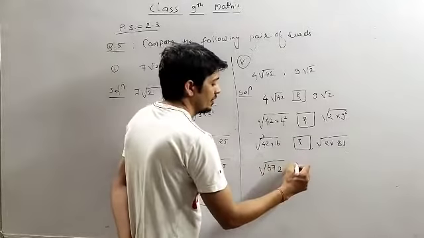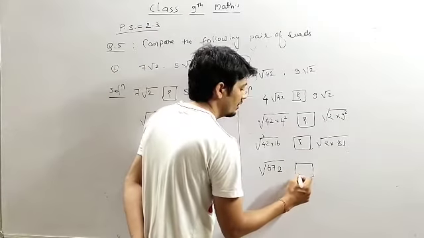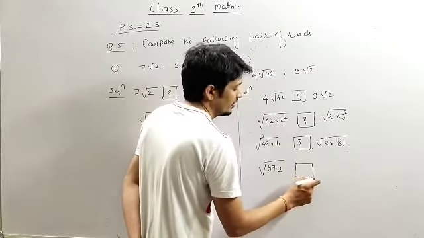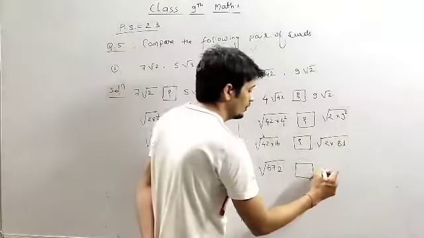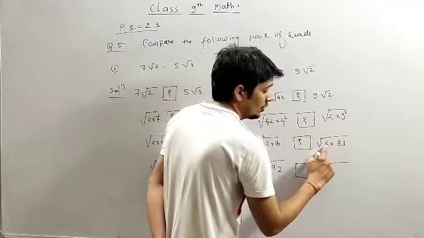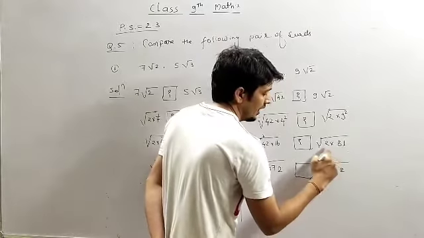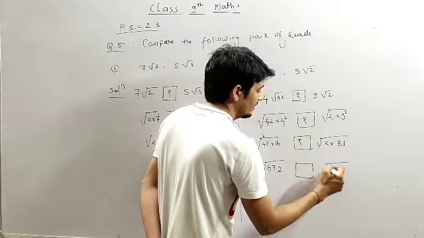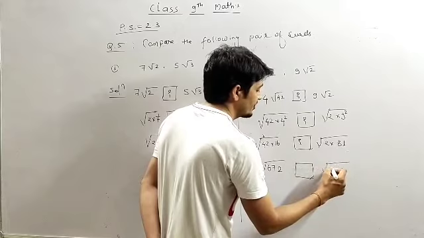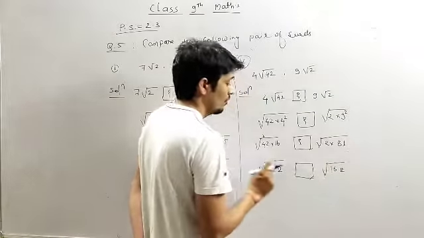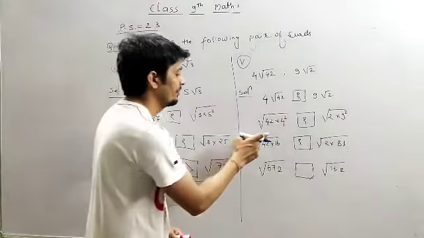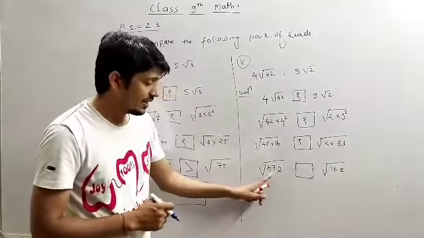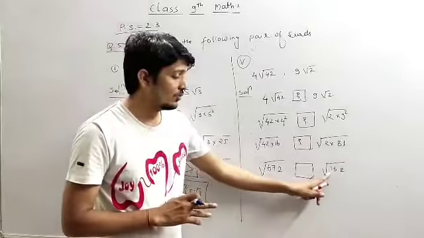Now here we don't know whether they are equal or not. That means we have to calculate this part first. So root 2 into 1 is 2 and 81 times 2 is 162. So we know 672 is greater than 162.